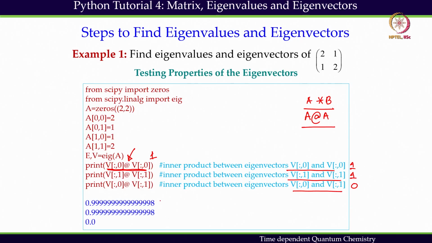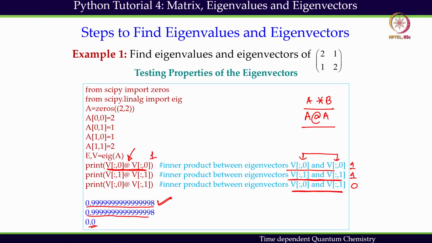I have the first inner product between these two eigenvectors giving me 1. It is close to 1. So this is a numerical value, and it means that this vector is normalized. On the other hand, if I take the other vector's inner product, that is also normalized, and if we take the inner product between two vectors, then what I get is 0, which means orthonormal.